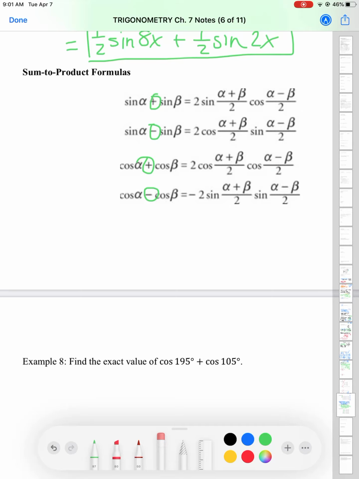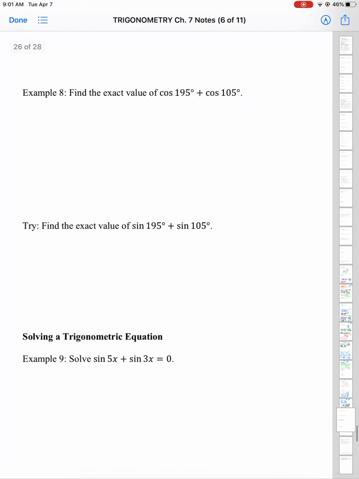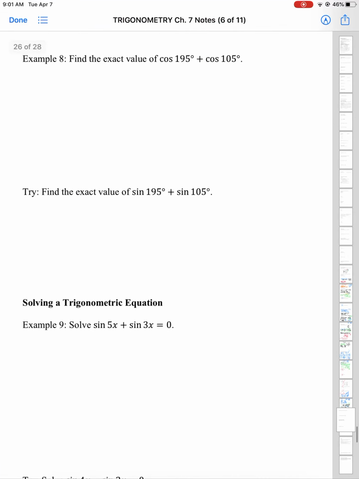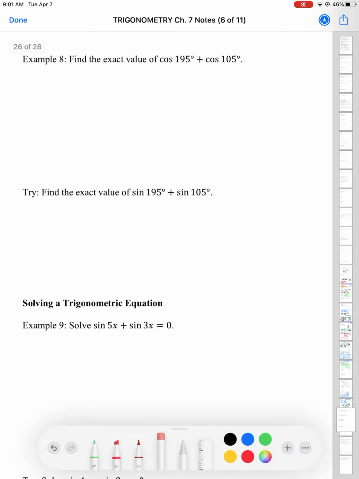First, identify your formula, obviously. Okay, so example 8. Find the exact value of cosine 195 plus cosine 105. So 195 is my alpha, 105 is my beta. Cosine alpha plus cosine beta.